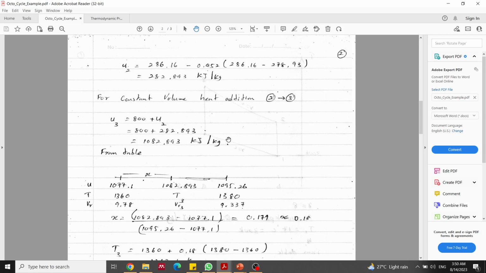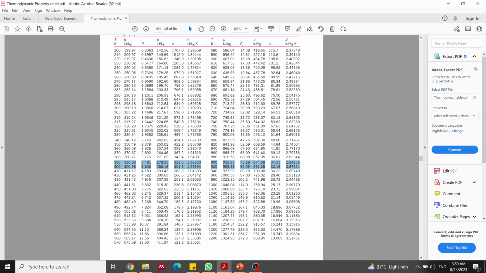So if you substitute the value for that one, we get U3 as 1082.893. Then we can figure out T3 and VR3 using the U3 value from the table. So we are interested in figuring out the U3 value. Now the U3 value is going all the way down.